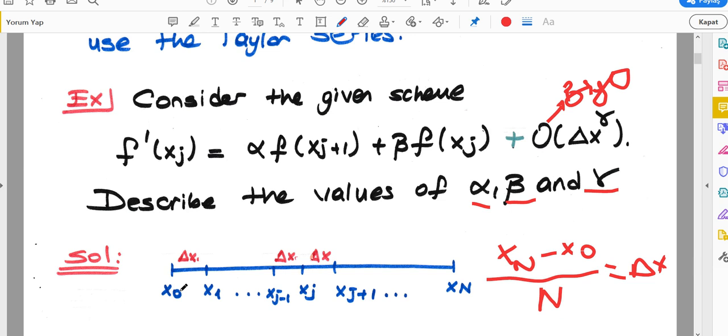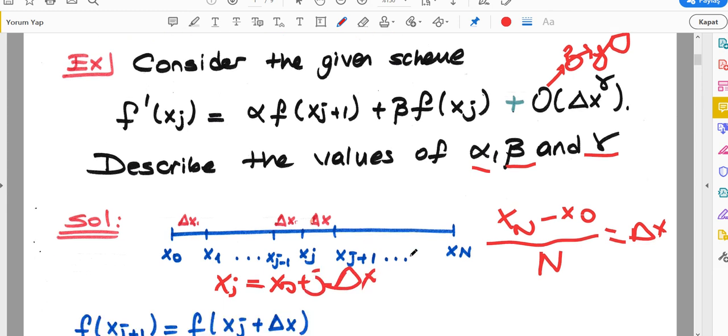One more time, from x1 going delta x steps means x2. So as a general representation, I can write xj will become what? x0 plus j times delta x. This is actually my problem.